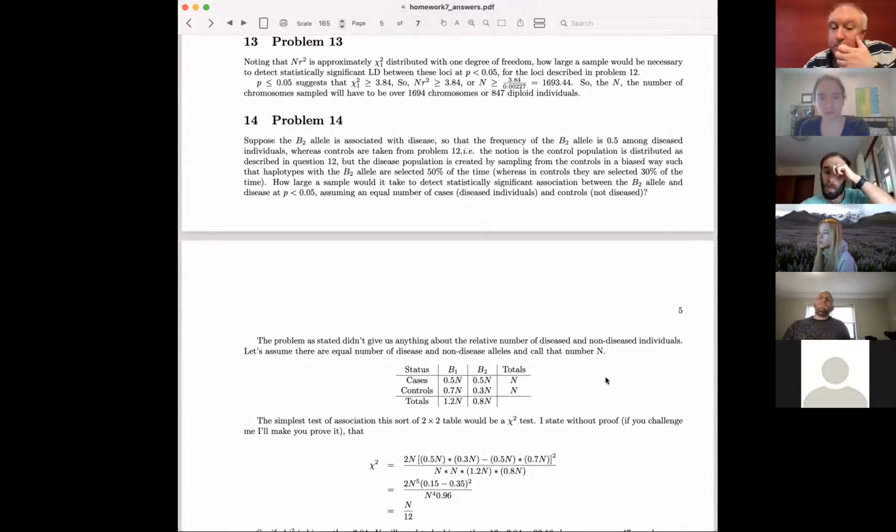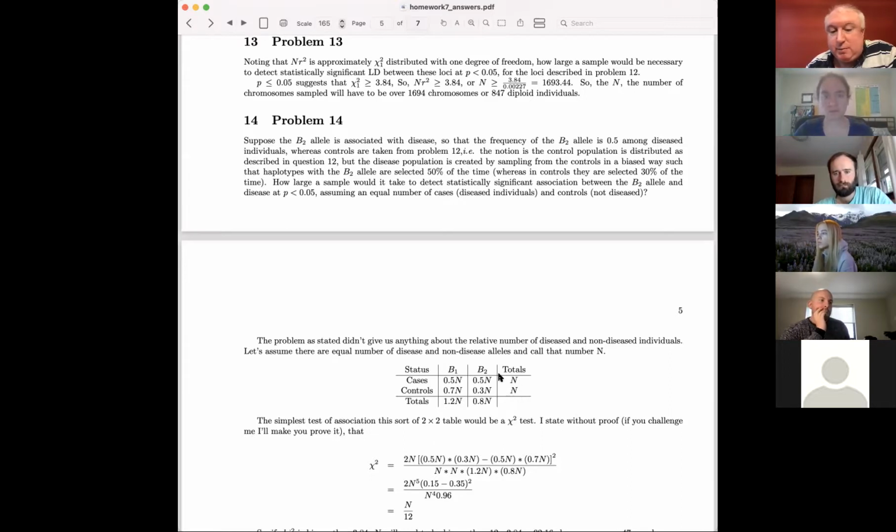So the idea is we're supposed to find the sample size measured in some fashion or other. The first thing I did is I assumed an equal number of cases and controls. There is no reason to have assumed that other than, well, sometimes people have equal numbers of cases and controls. I called the number of case chromosomes N and the number of control chromosomes N. So 2N is the total number of chromosomes in the sample, or total number of alleles in the sample.